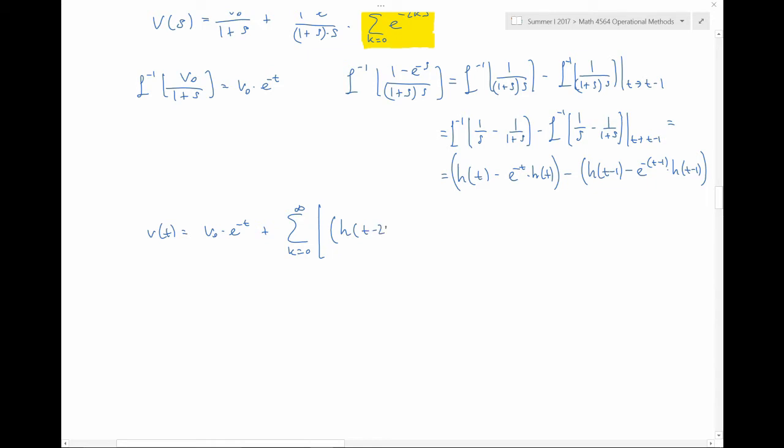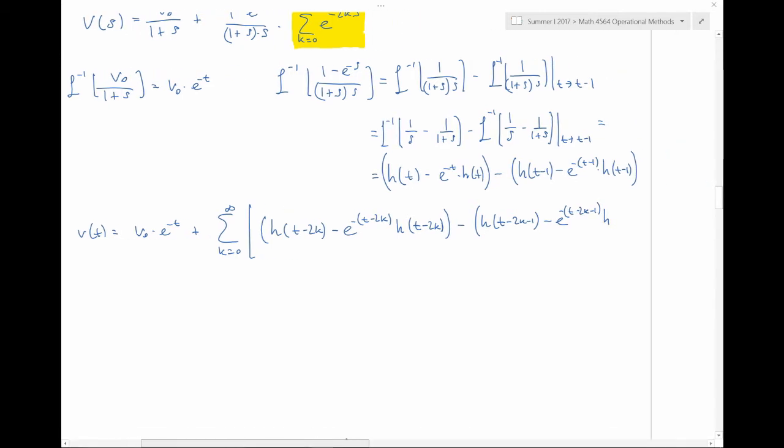So t minus 2k minus e to the minus t minus 2k times h of t minus 2k, minus h of t minus 2k minus 1 minus e to the minus t minus 2k minus 1 times h of t minus 2k minus 1.